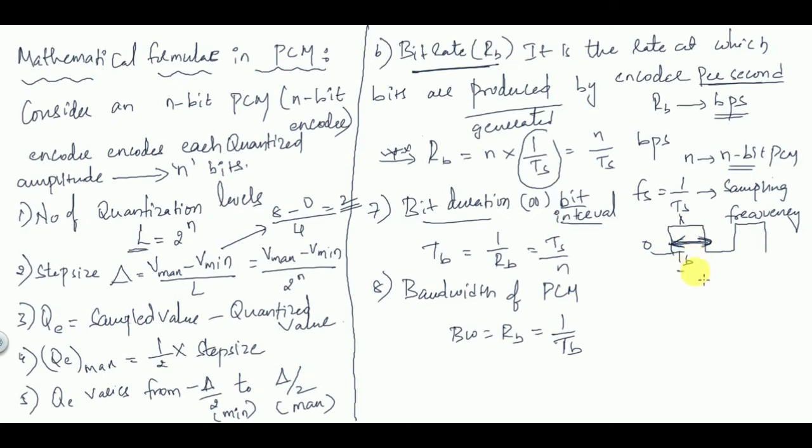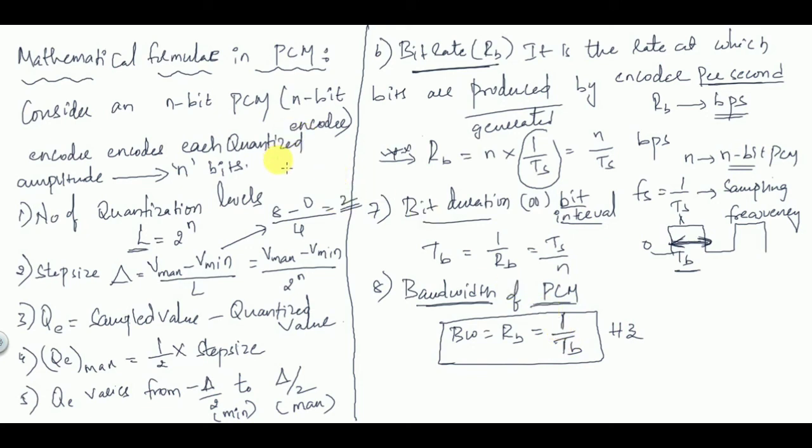What is the time period here? It is TB. So when the time period is TB, then frequency will be 1 by TB. That is called the bandwidth of PCM. Bandwidth of PCM means the frequency required for each and every bit. So bandwidth is equal to RB, which is equal to 1 by TB hertz.